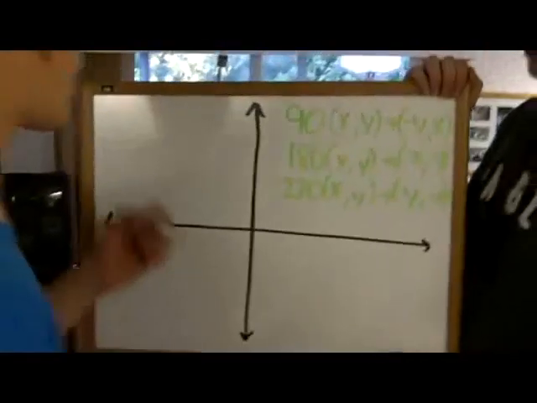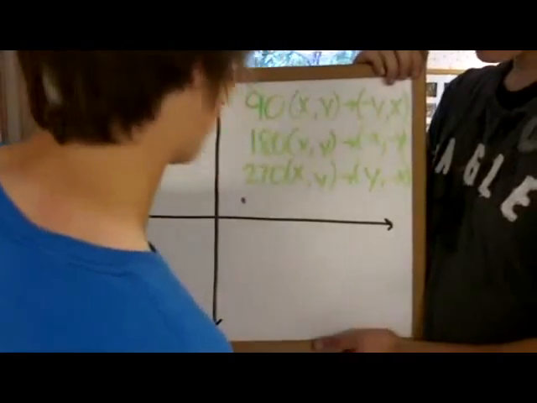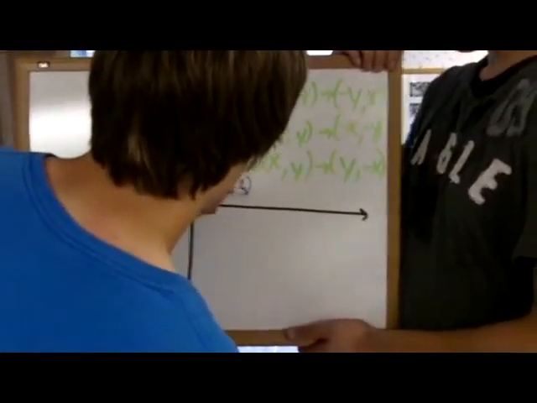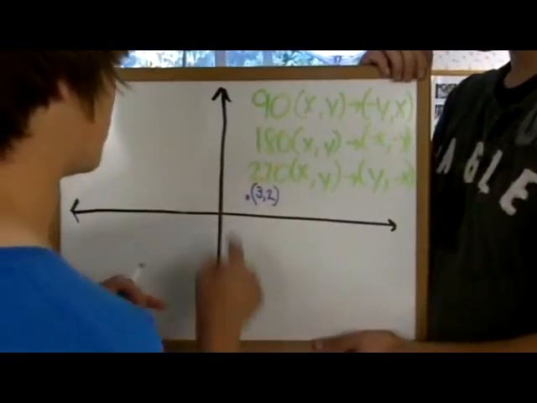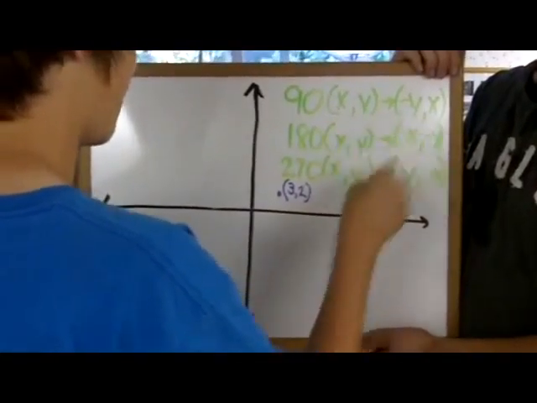If you got a point, like right here, we'll call it 3, 2. Got that, camera guy? If you rotate it 90 degrees, you have x, y, so it's 3, 2, and you make it negative y, x.